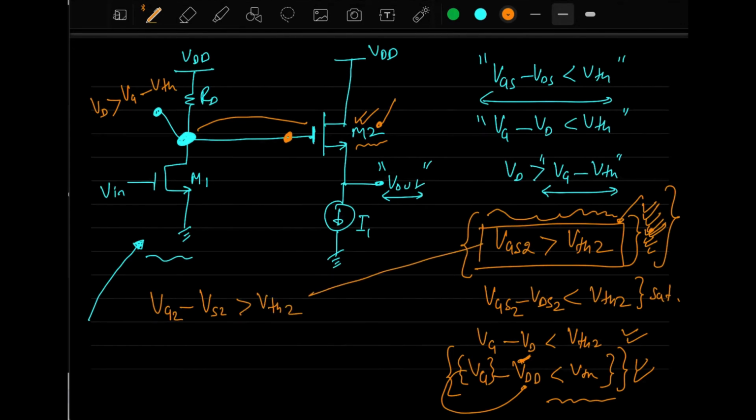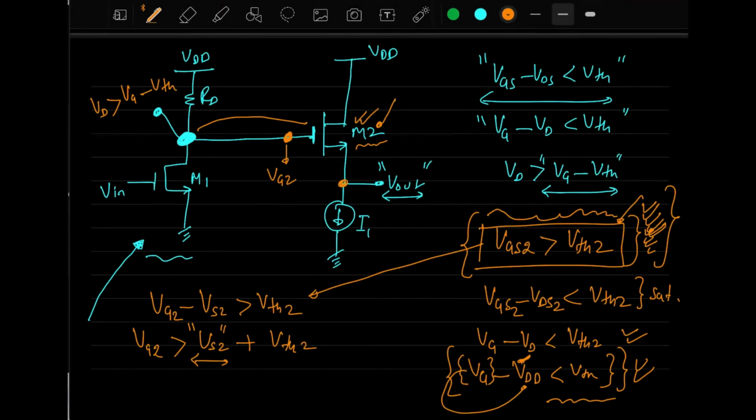Then what is VG2 here? This is VG2. VG2 will be greater than VS2 plus VDS2. And what is VS2?